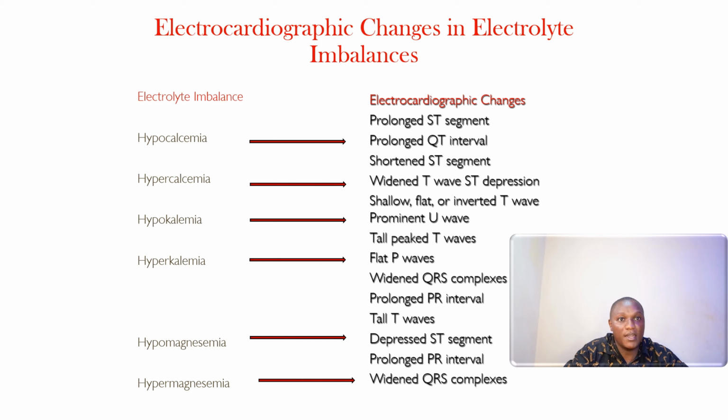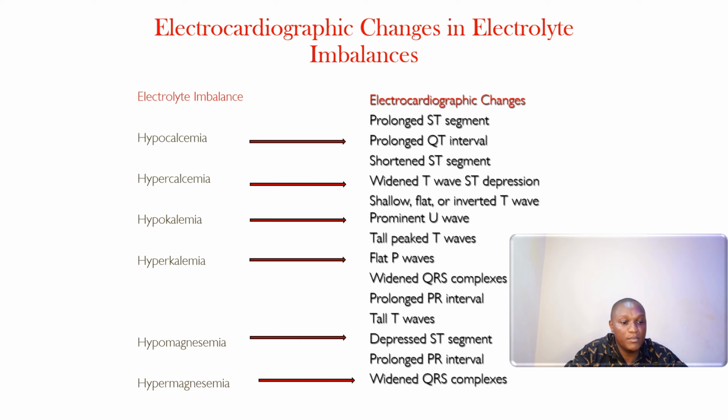Something maybe we can reflect is the electrocardiographic changes in electrolyte imbalances. Just to recap, we said hypocalcemia, there is prolonged ST segment, prolonged QT interval, and shortened ST segment. That is hypocalcemia.